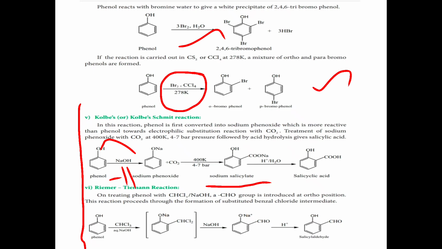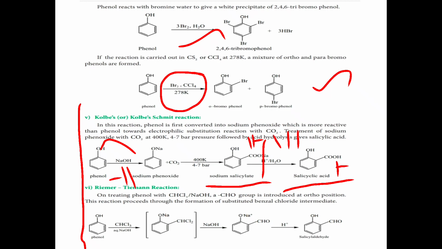This sodium salicylate is hydrolysed with HOH, NaOH is removed as a byproduct, and an acid group is added at the phenol ortho position; that is called salicylic acid. We have studied it in the carboxylic acid lesson, in the preparation. We will study this again, okay?